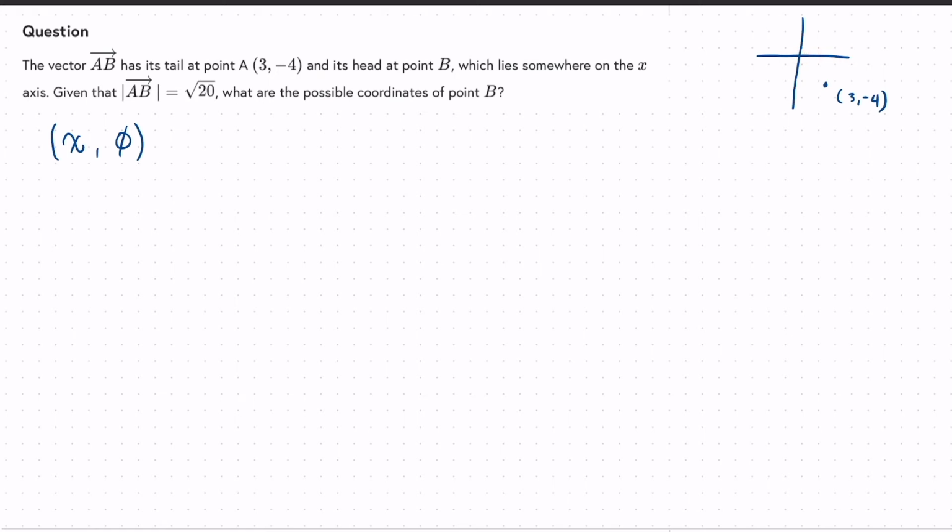So if the distance between (3, -4) and (x, 0) is the square root of 20, well, what we're saying is that if I were to take one and minus it from the other, I can find that distance there. So what does that look like?